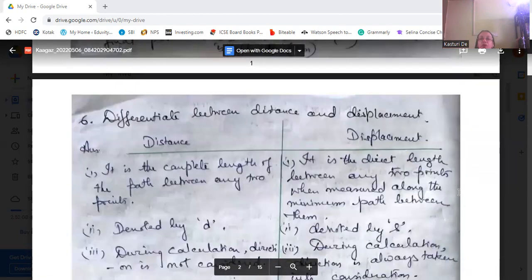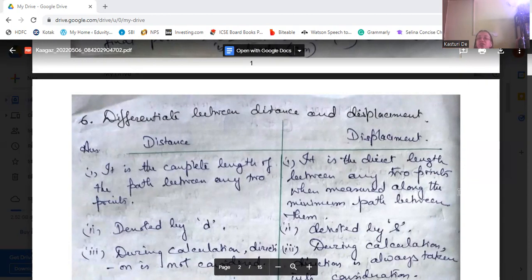Next, we come to the difference between distance and displacement. Distance is the complete length of the path between any 2 points, whereas displacement is the direct length between any 2 points, measured along the minimum path between them, the shortest distance.